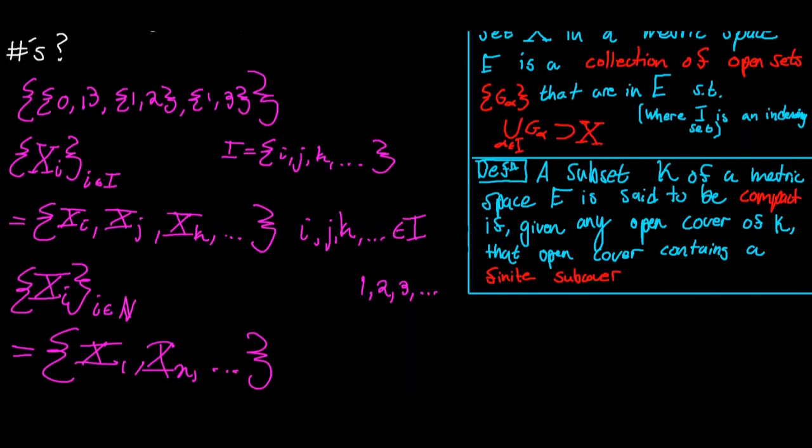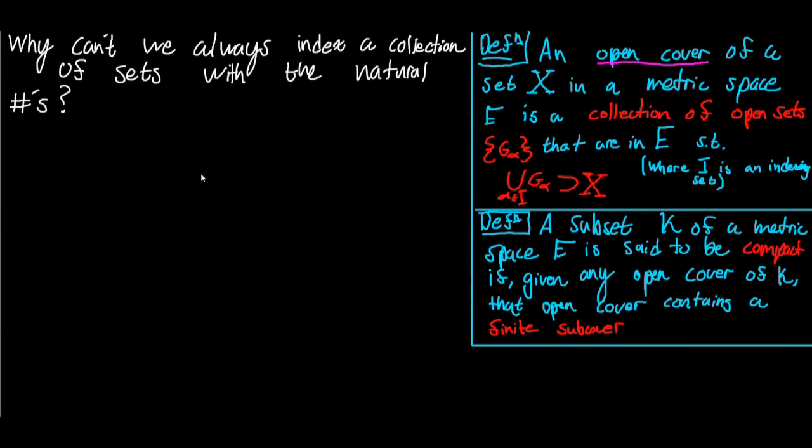So let me clear the board to talk about what I'm talking about and maybe give an example of why this is important. When talking about compact sets, which is a topic we'll talk about extensively in future videos, we talk about open covers of a specific set.